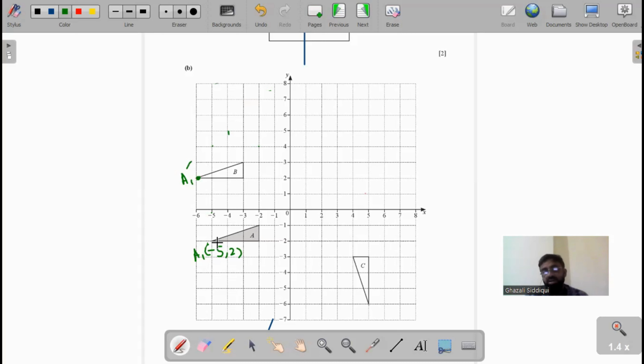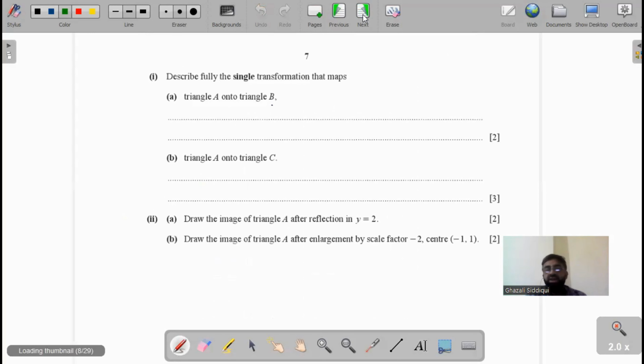You see that this point A1 moves horizontally 1 unit, -1, and upward 1, 2, 3, 4 units. Therefore, the translation vector is minus 1, 4. Now we write it. This is triangle A onto triangle B. That transformation is translation. Translation vector is (-1, 4).